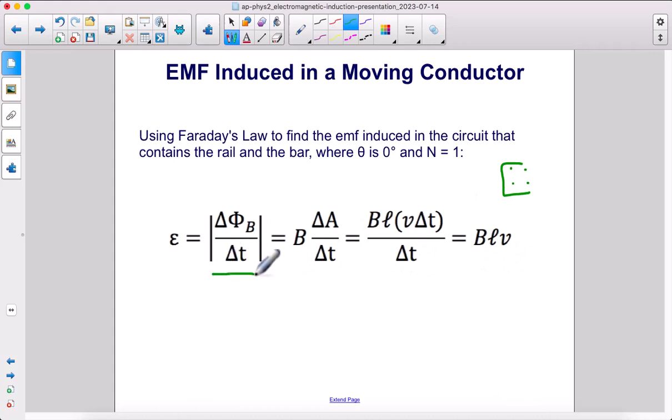So change in flux over time is B times A over time because the magnetic field is constant, the only thing changing is the area. On the previous slide, we determined that change in area is BLv times delta t. The delta t's cancel, giving us BLv, pronounced bliv. Not really, but you can say bliv if you'd like.